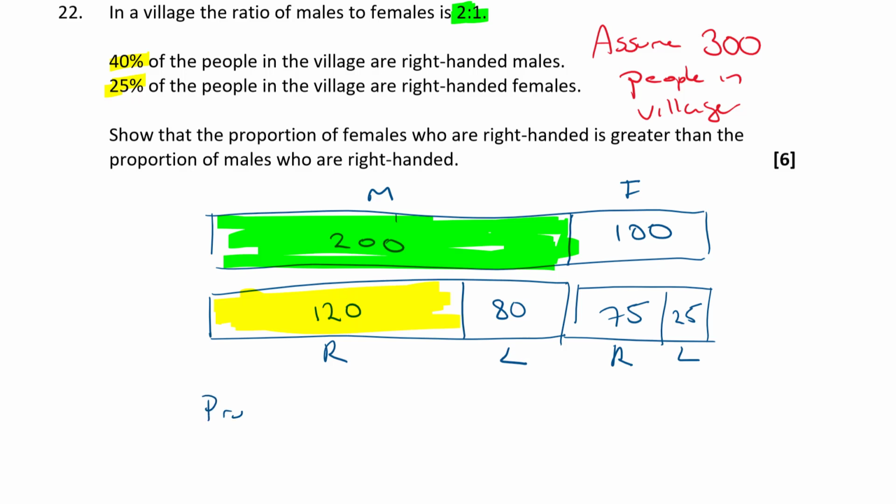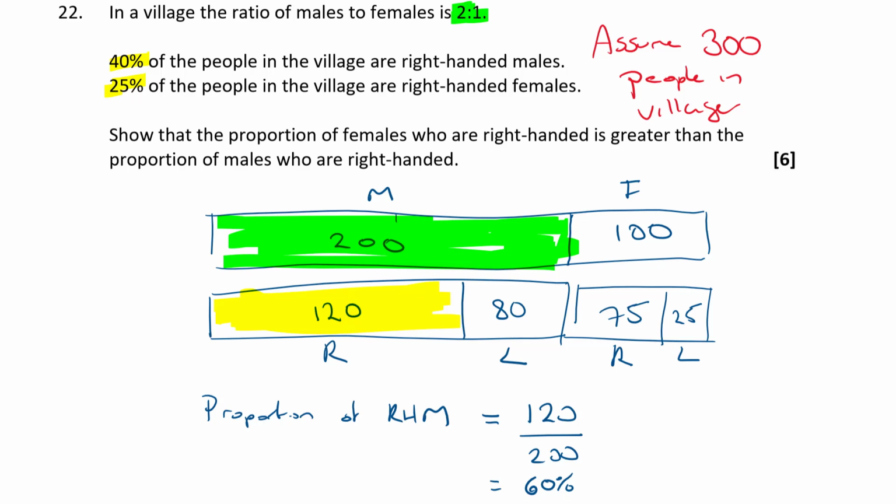So the proportion of right-handed males is going to be 120 over 200. And that cancels down, doesn't it? That's 60 out of 100, that's 60%. So 60% of the males are right-handed.